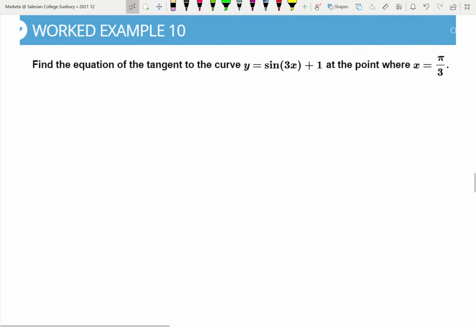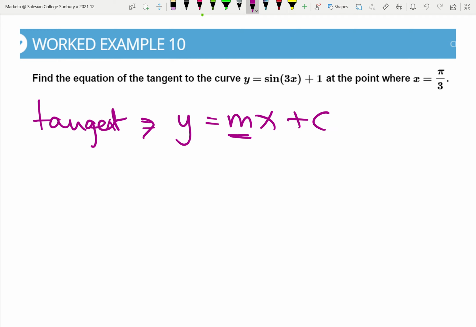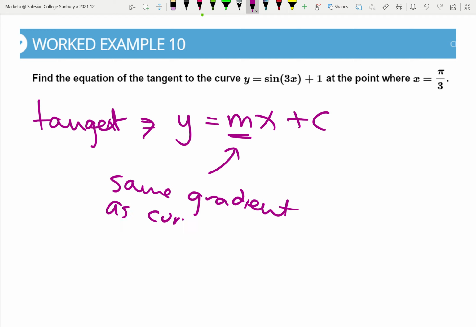Okay, so I think this might be the last one. Find the equation of the tangent to the curve y equals sine 3x at the point where x equals pi on 3. So really this is nothing different to what we've done in previous exercises. It's just that we've got a circular function. The tangent, remember, is that line, and it has the same gradient as the curve at the point, where x equals pi on 3.